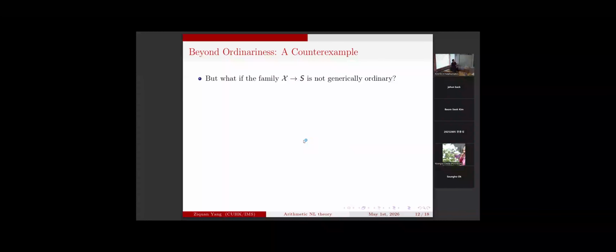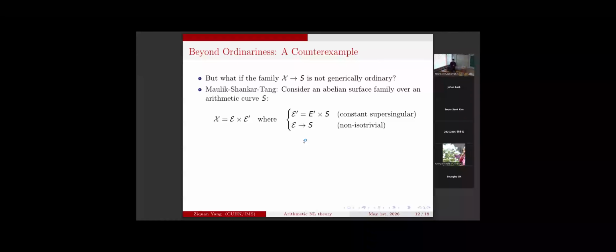So now let's ask the question: what happens in the previous theorem if your family is not generically ordinary? Here's a counterexample, which was remarked by Maulik, Shankar, and Tang.